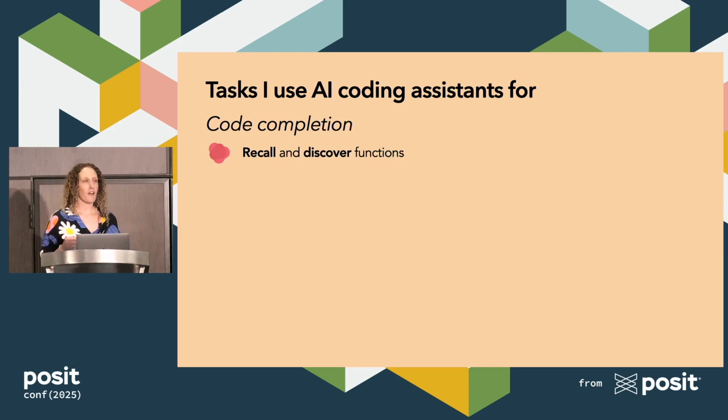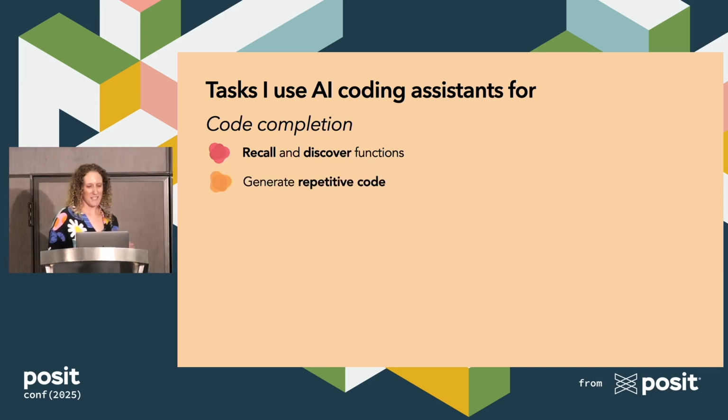I particularly find this useful when I am at an intermediate coding level, especially if I'm using Python, for example, where I can't always remember all of the syntax or the names of the functions or the methods that I want to use. If I'm at more of an advanced level, sometimes I find this annoying because I know exactly what I want to do. So it's hit and miss.